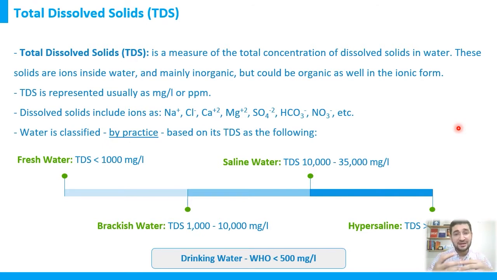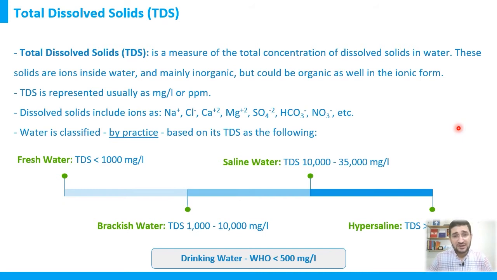But mainly the most common ions that exist in water are sodium, chloride, calcium, magnesium, sulfate, nitrate, phosphate, bicarbonate, and many others. Once those ions get dissolved in water, they carry a charge, whether positive or negative.